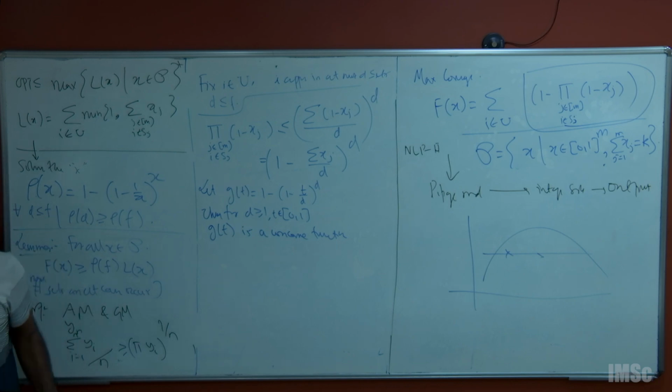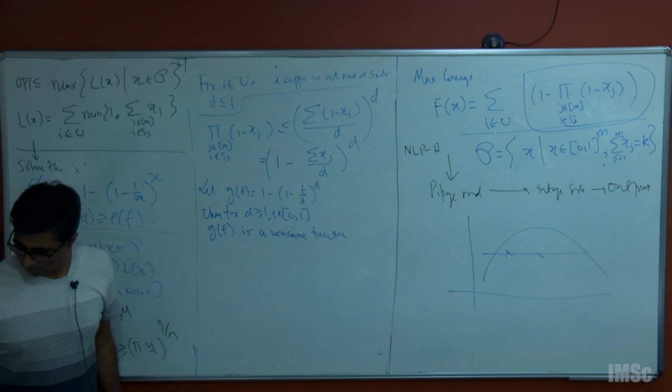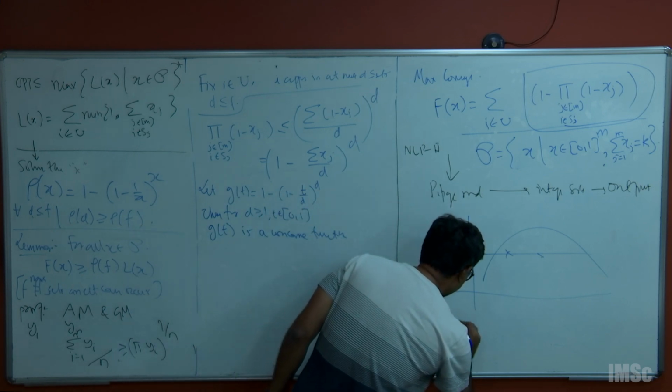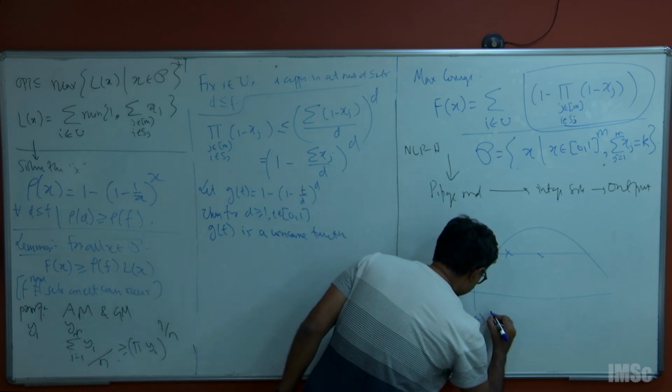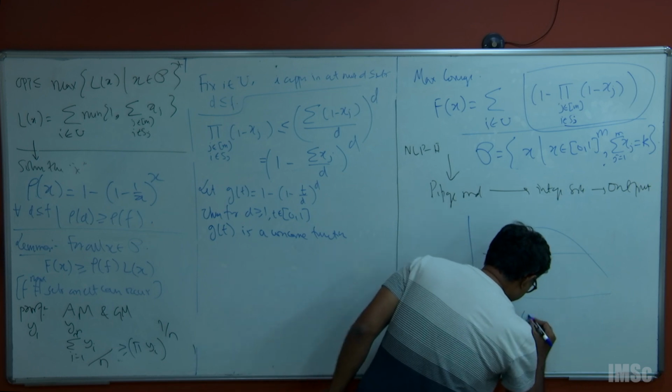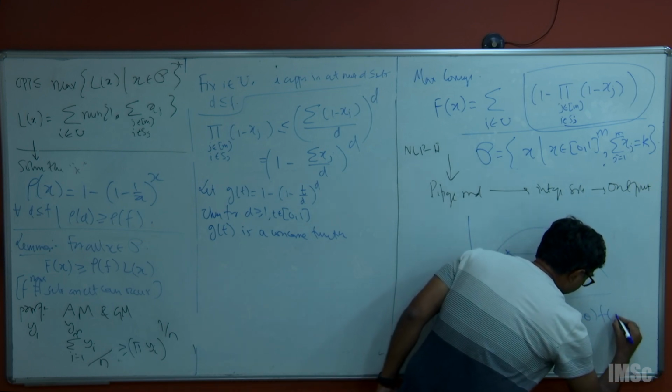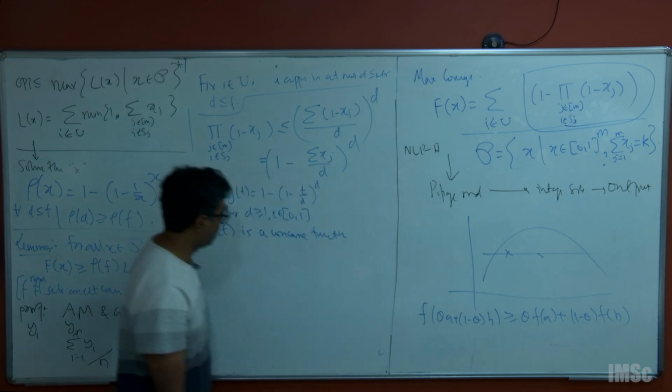Basically, f of theta a plus 1 minus theta times b is greater than or equal to theta times f of a plus 1 minus theta times f of b.